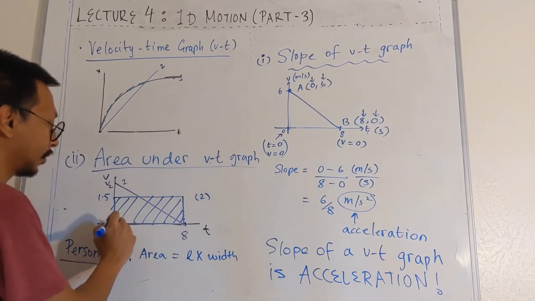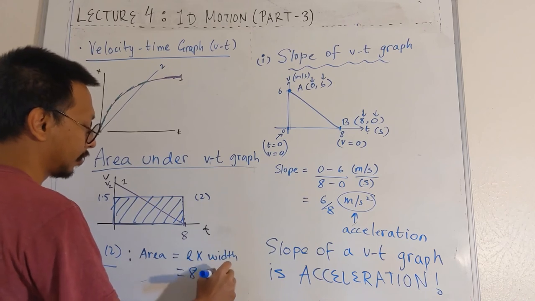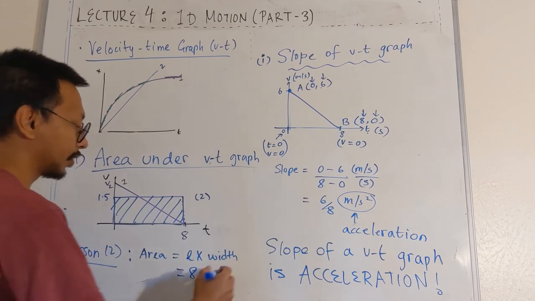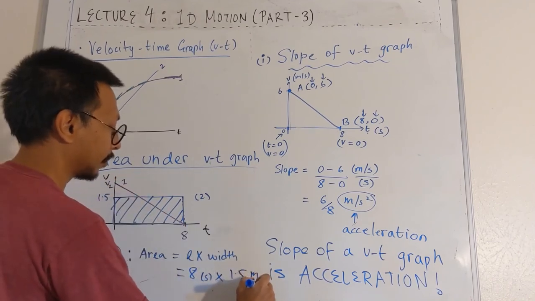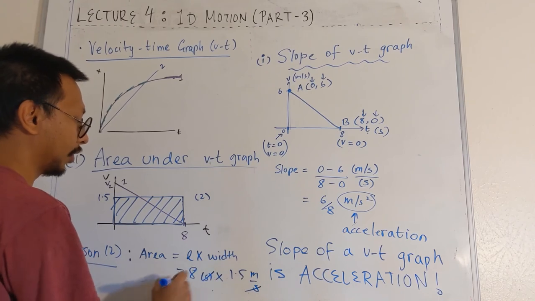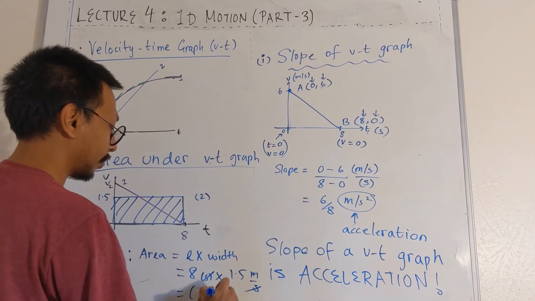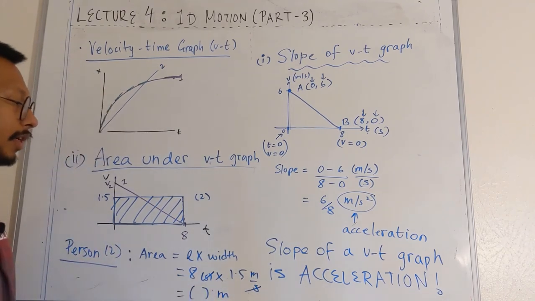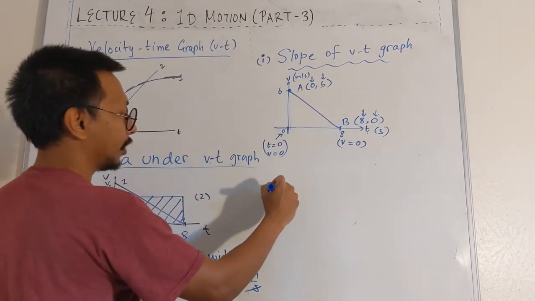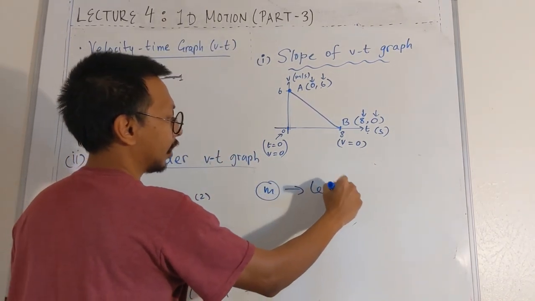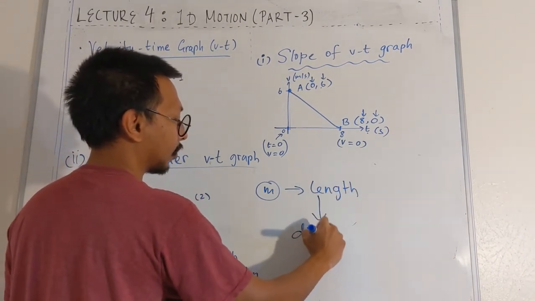The length is 8 seconds times the width is 1.5 meters per second. Seconds go away and you end up with some number, 8 times 1.5 meters. So what does that tell us? That just tells us meters. What does meters represent? It represents any length, right? Or displacement or distance.